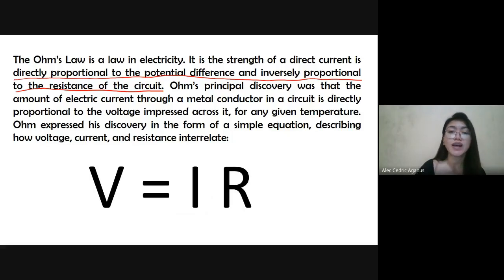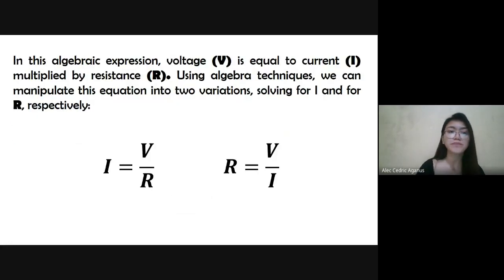I is your current measured in amperes. And R is your resistance measured in ohms. Now in this expression, voltage is equal to current multiplied by resistance. Using algebra techniques, we can manipulate this equation into two variations, solving for I and solving for R respectively. So for I, it's V over R, and if R is missing, just write the equation V over I. So I repeat, I is equal to V over R, and R is equal to V over I.